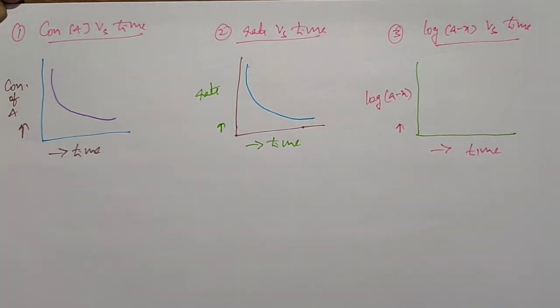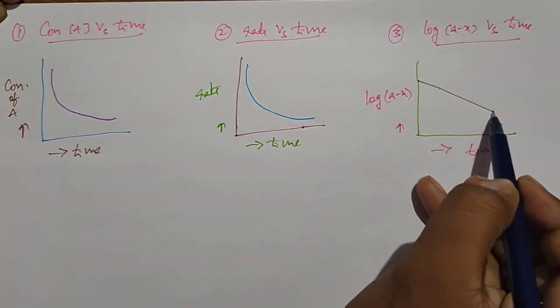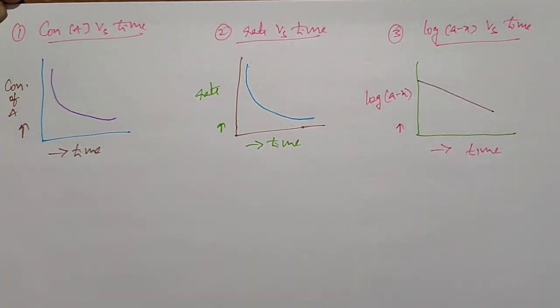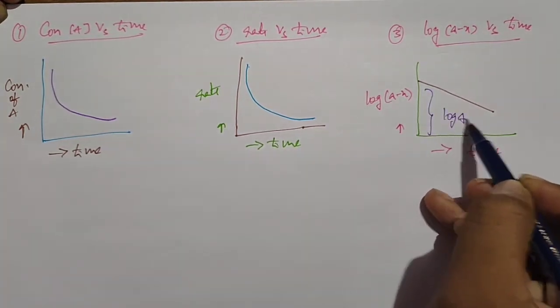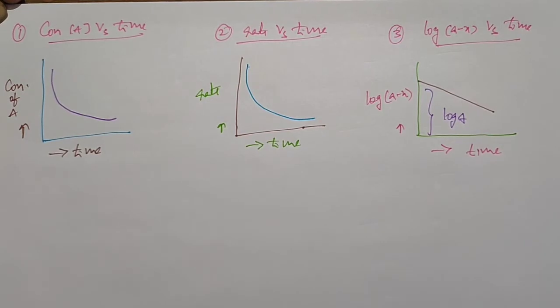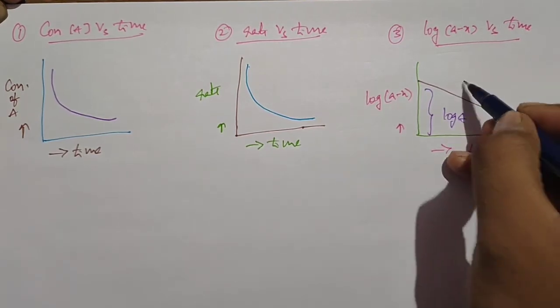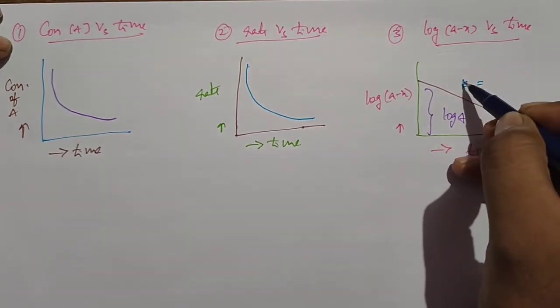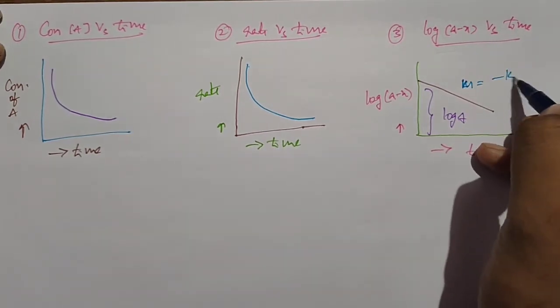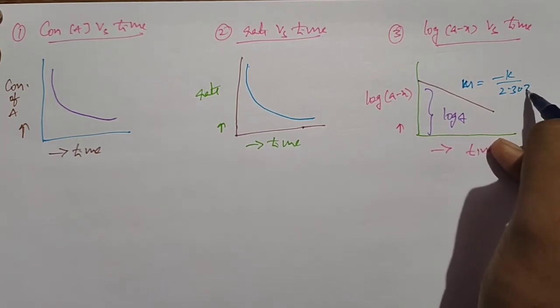Then we get a straight line with a negative slope. So for this curve, the intercept is log a and the slope m is equal to minus k by 2.303.